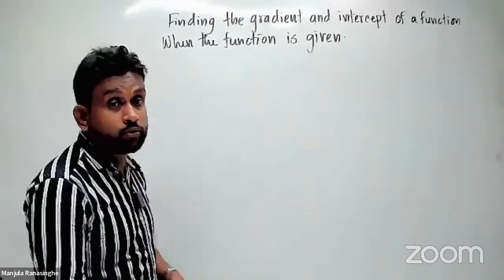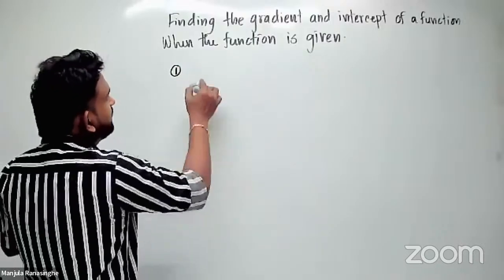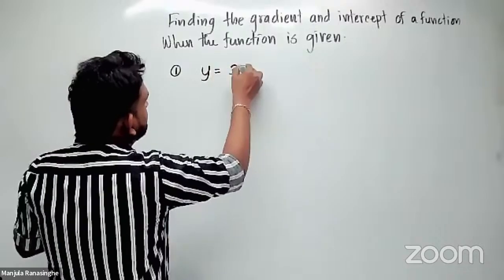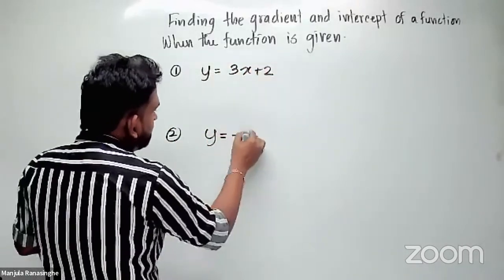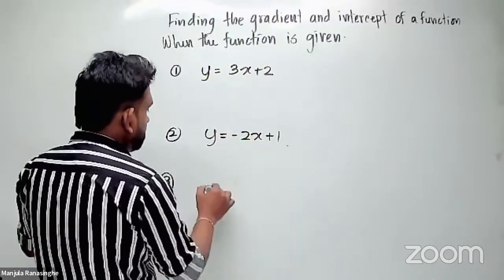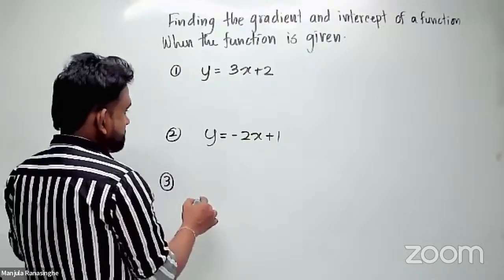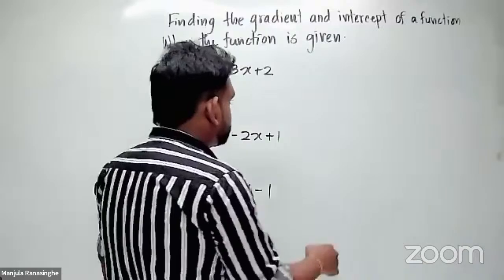Okay, Putta, right. So now the equations are given. As the first one, find the gradient and intercept of this: y equals 3x plus 2. Then we have y equals negative 2x plus 1. Then y equals x minus 1.